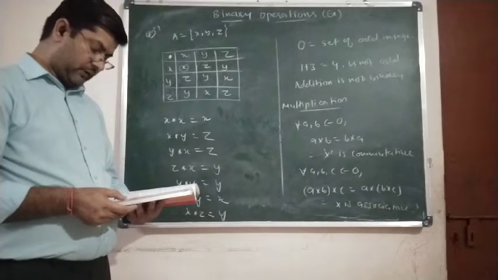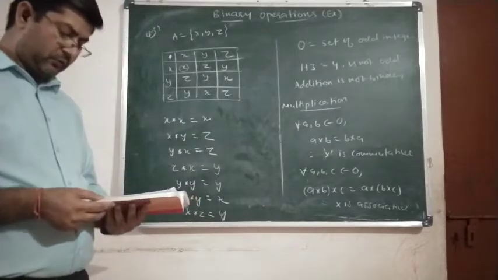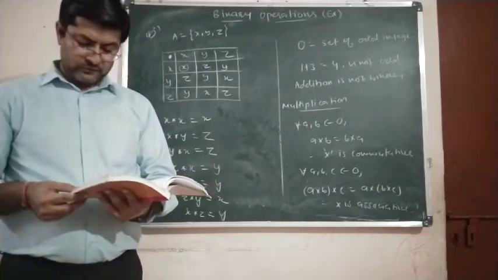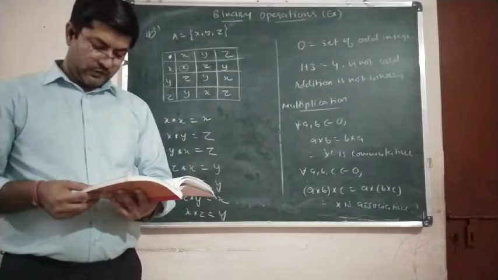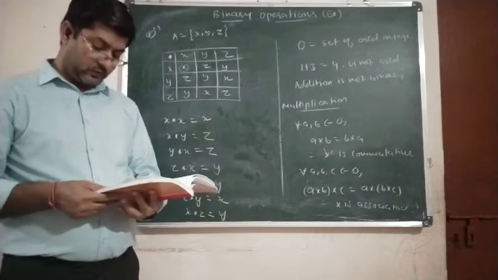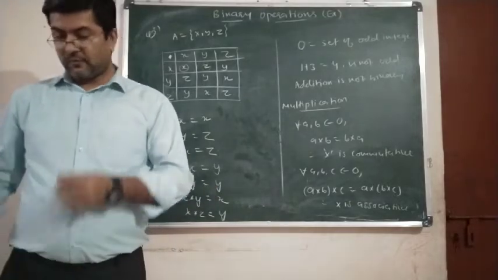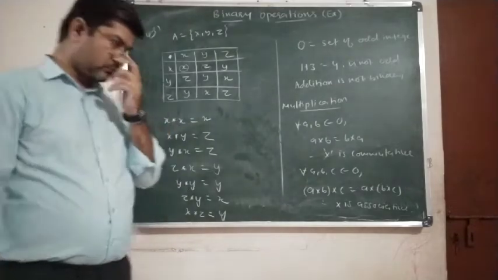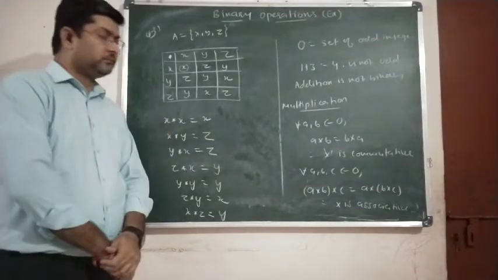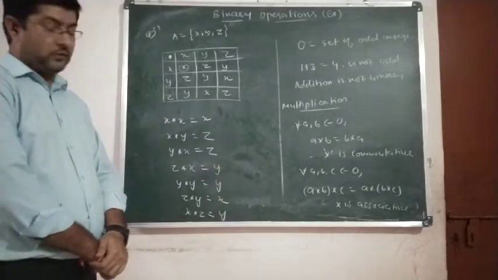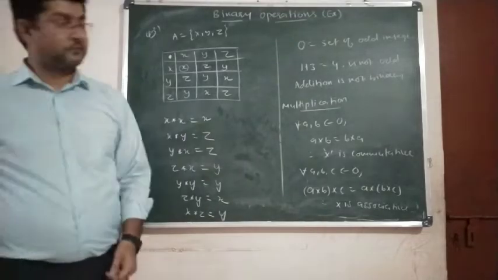Okay, in this question, subtraction is neither commutative nor associative. We have to show this. We have to prove this even in question number 4, that subtraction is neither commutative nor associative. Okay, let us explain this over here.